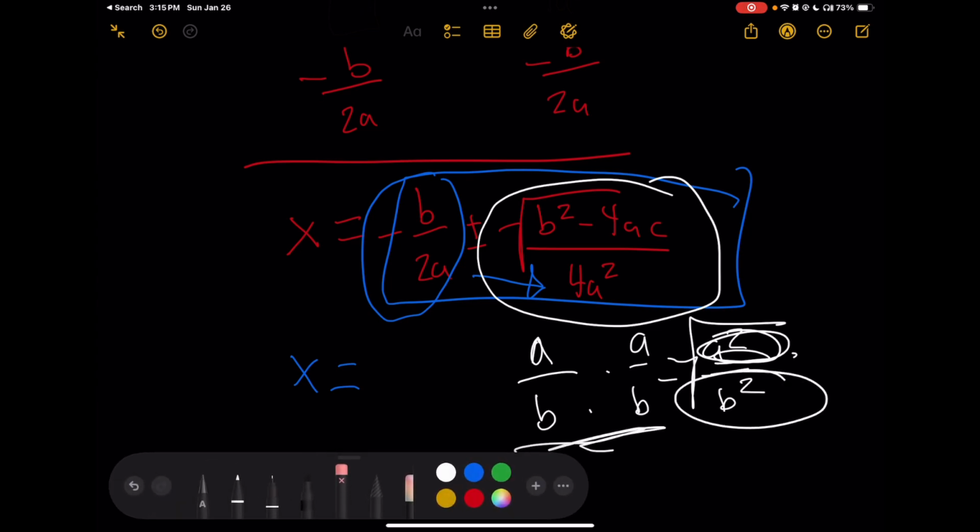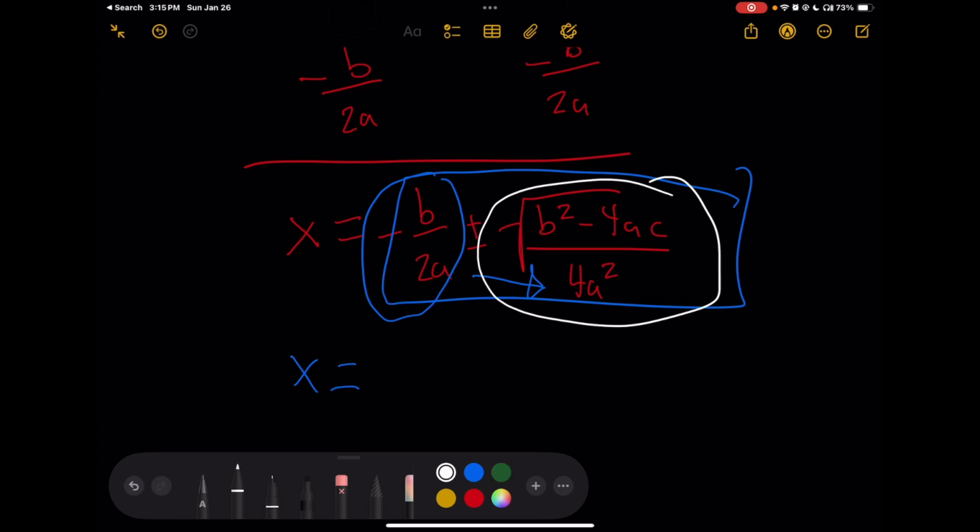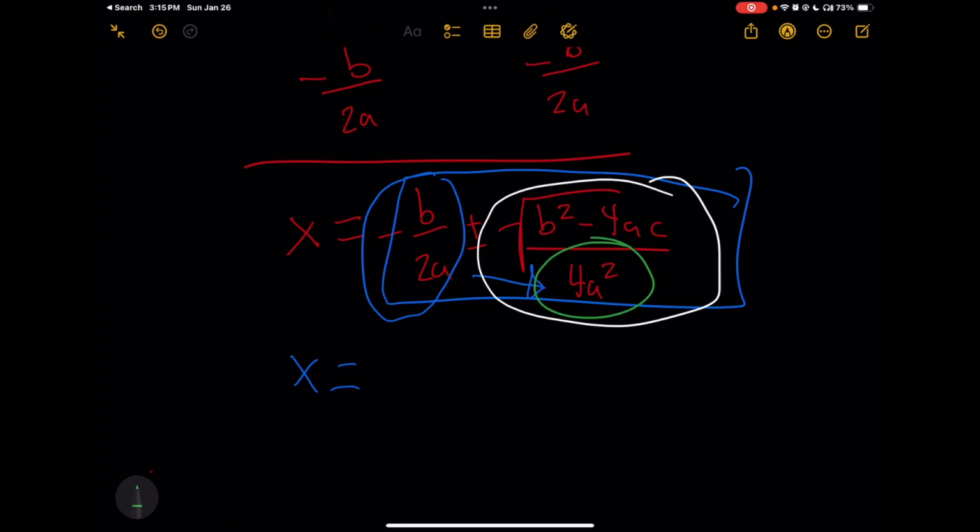So basically we're taking the square root of the denominator and the numerator independently. So the square root of 4a squared is actually 2a.